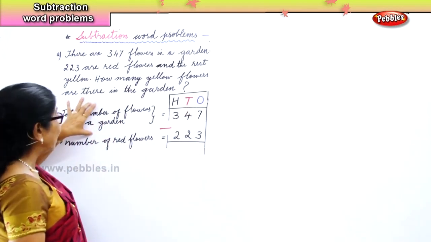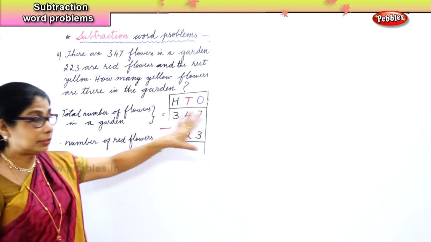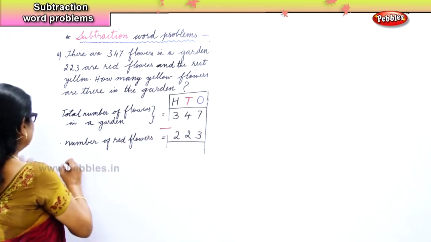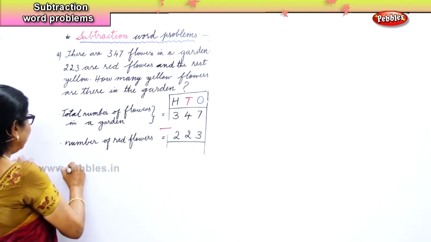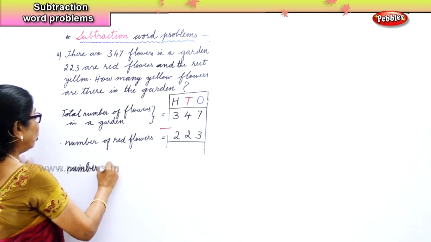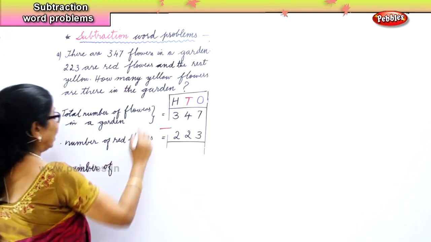What is the question? How many yellow flowers are there in the garden? Total number of flowers in the garden: 347. Number of red flowers: 223. The next is therefore number of yellow flowers.